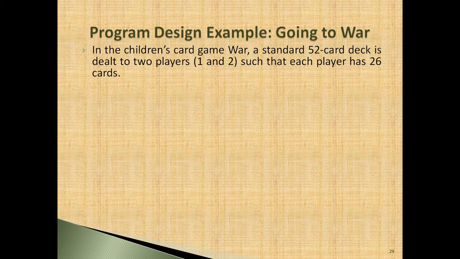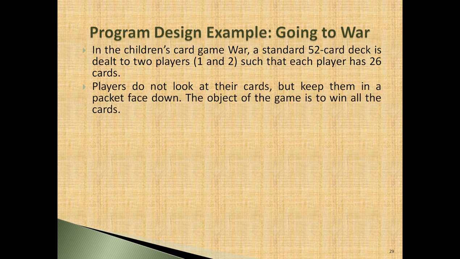So what should they do with these 26 cards within this game? Let's see about it. The first and foremost condition is that when the 26 cards are distributed between the two players, they should not see the cards first. They should not even look at their own cards.